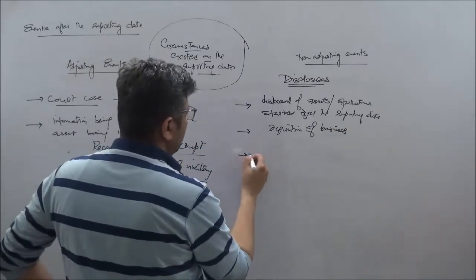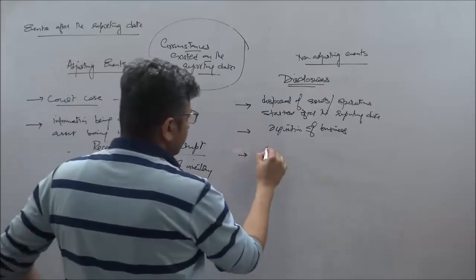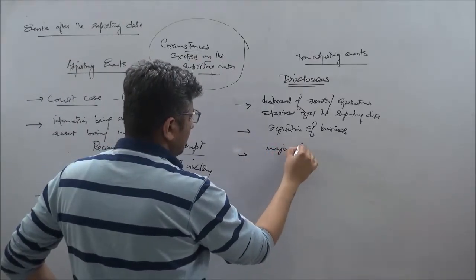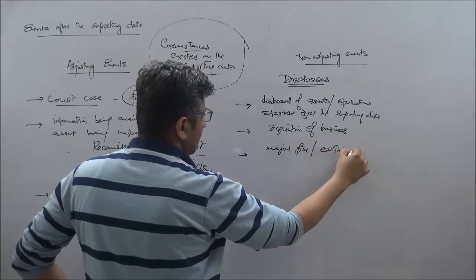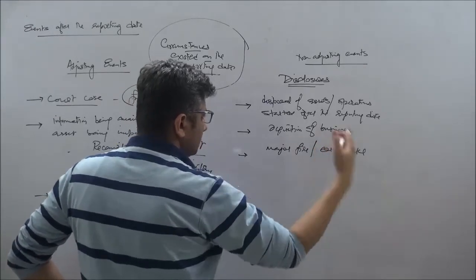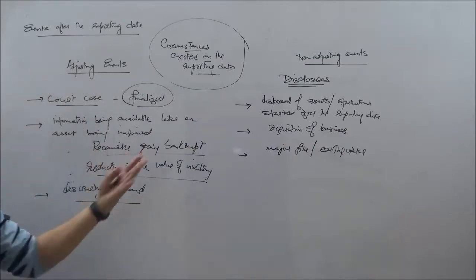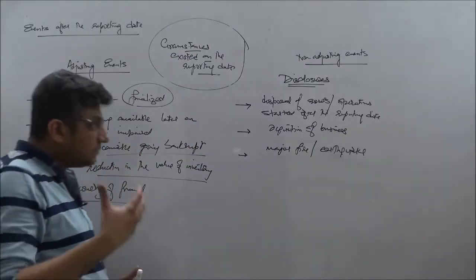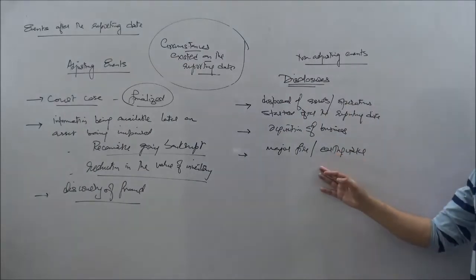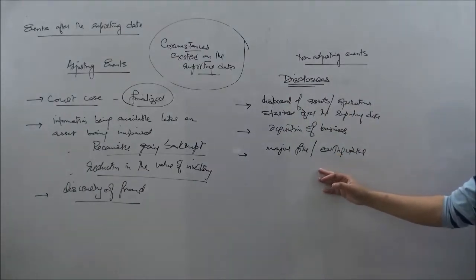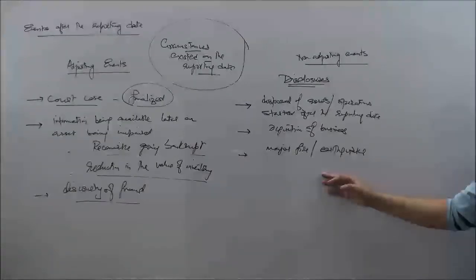It could be a major fire or an earthquake, for example, which of course was not expected, the circumstances did not exist on the reporting date that a major fire could break out or an earthquake could take place, as a part of the business there.